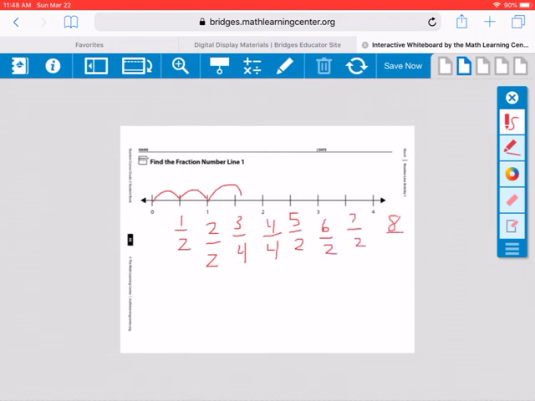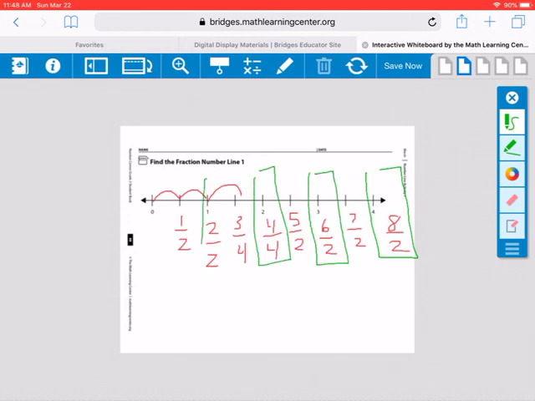But I want you to take a second and look closely at the numbers that I'm putting in the rectangles. These all have something in common. What do you notice about the fraction and the whole number that is represented by them?